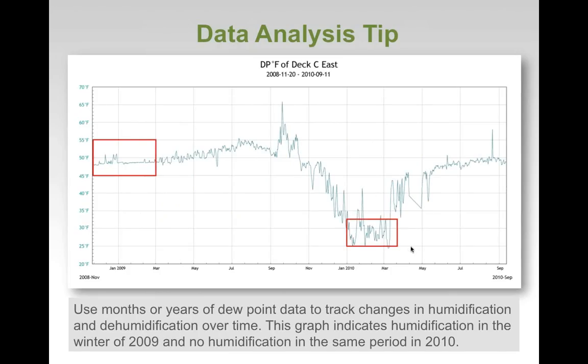Here you have the winter of 2009, and you see it's a very tight relative humidity going into the summer season, and then the next coming winter, for 2010, there's a solid drop. That would show us the system is not operating. The system is obviously just going with the outdoor dew point. It's a sign that the system may have failed or isn't working. And in reality, the system did quit working. It was a problem with the system.